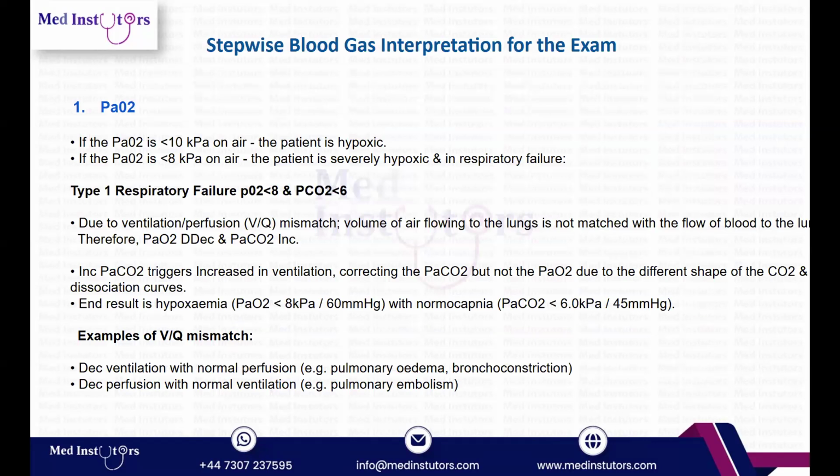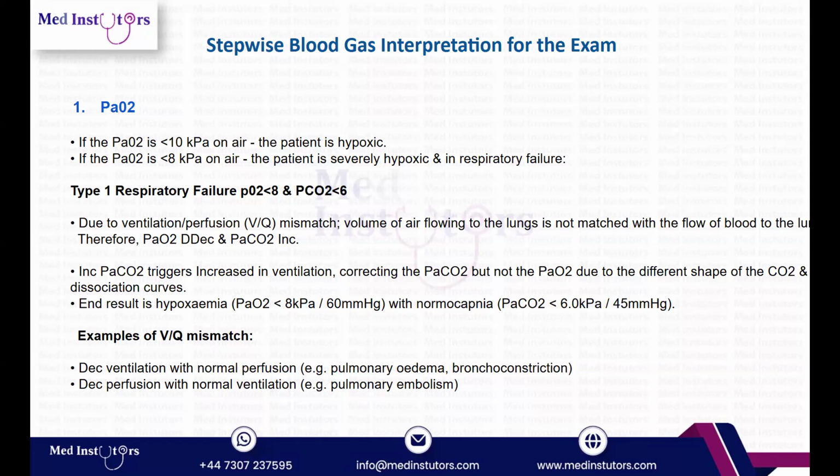The partial pressure of oxygen, I have already told you, classically does not have to do with alkalosis or acidosis. However, it tells us whether our patient has hypoxemia or not, so it is significant in that way. If the partial pressure of oxygen is less than 10 kilopascals on air, that means your patient is hypoxic.